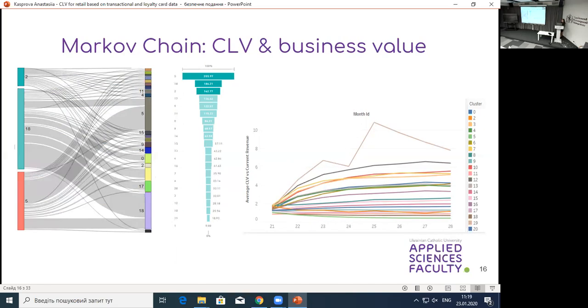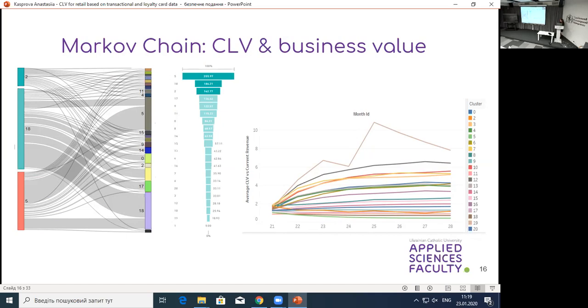Another thing is that if we check predicted average CLV versus current revenue and plot this ratio along the months axis, and this ratio goes up to some maximum point, we can estimate that it's a positive trend for this cluster, and for these customers we could offer some promotions.